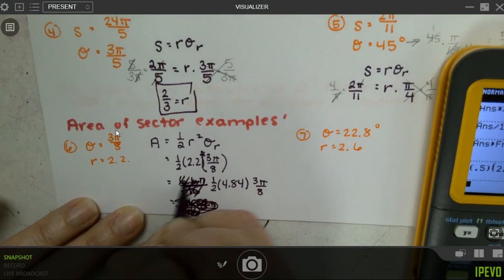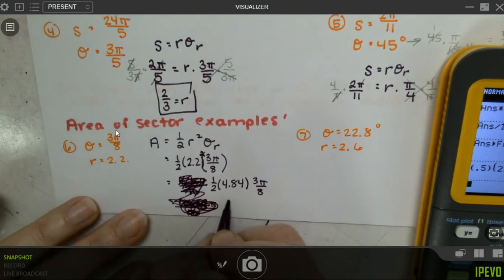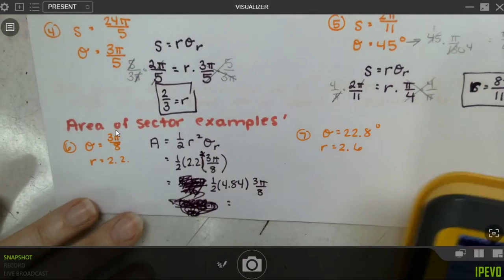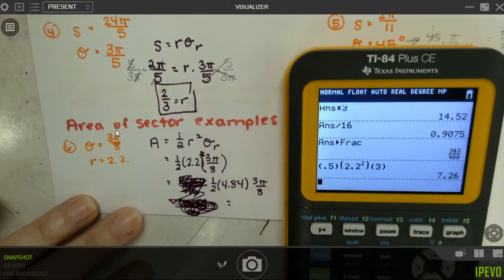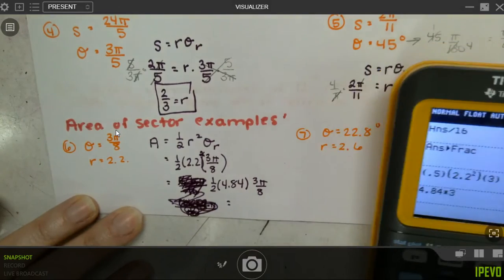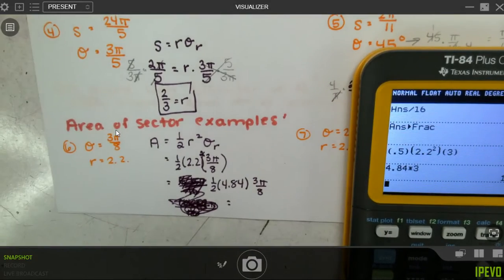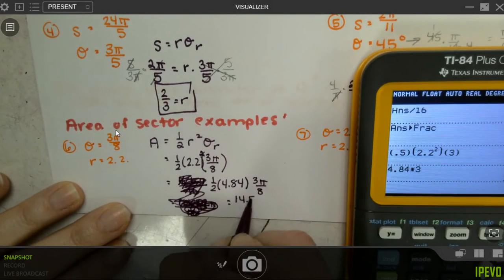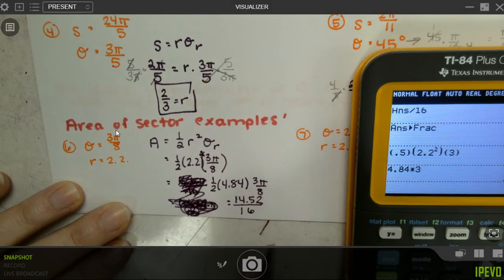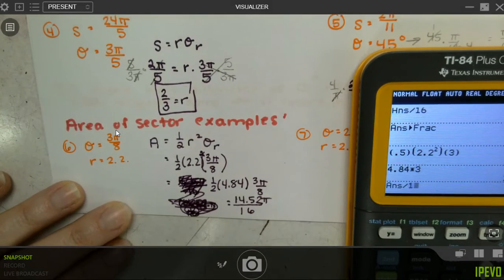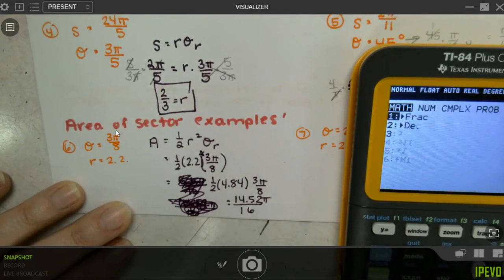Sorry, I'm going to delete this part of the video maybe, but if I'm too lazy to do that, then that's what it is. It's 4.84 times 3, that's what I think I had forgotten, 14.52 over 16 with the pi. Divide by 16 and simplify.